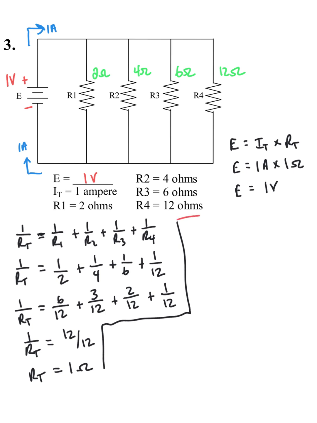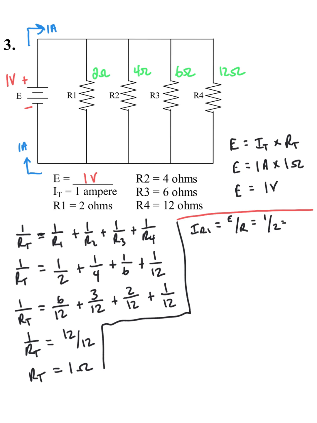Let's see if we can solve for our amperages through each one of these branches, right? So I'm going to go IR1 is equal to voltage over resistance. And if I do that over here, that would be 1 divided by 2, right? In some of these cases, it's advisable to have a calculator to solve it.